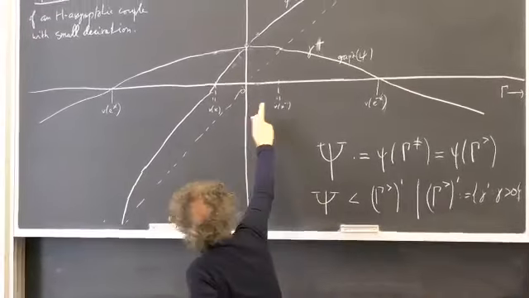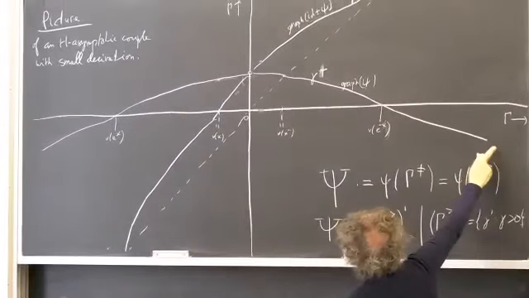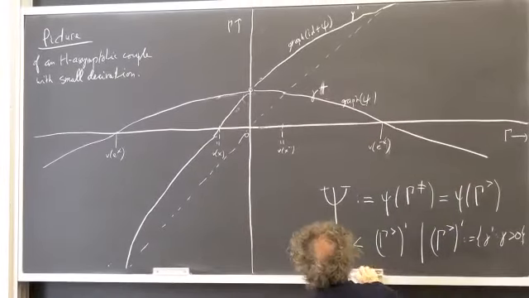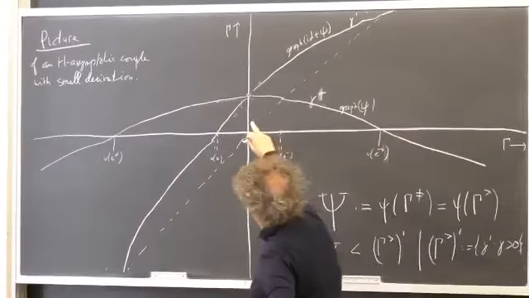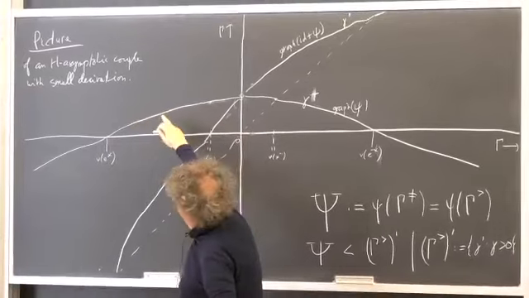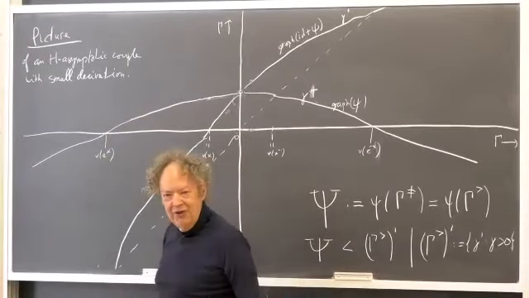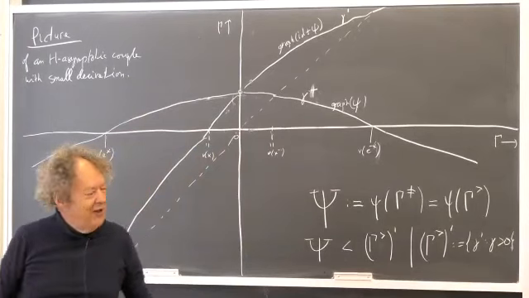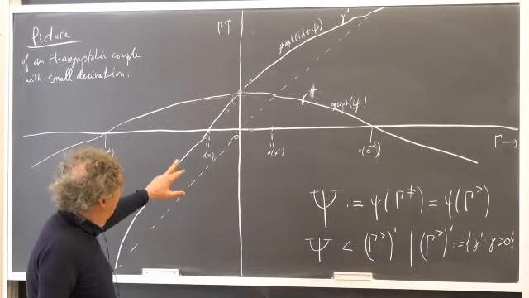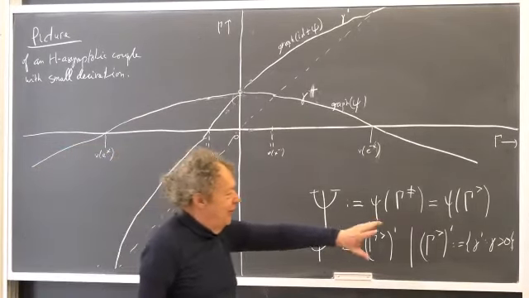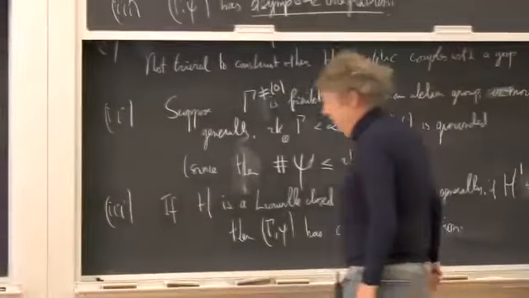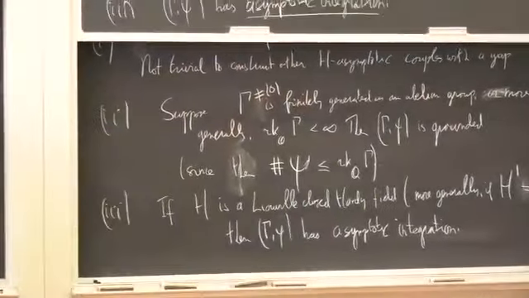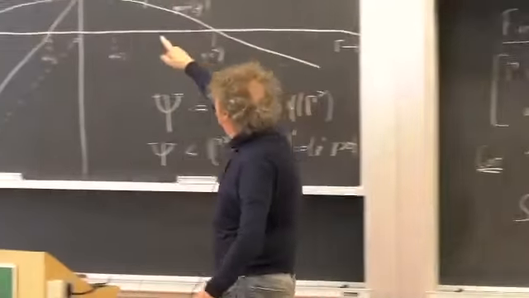And so this picture is still more realistic for a Liouville closed H field, because in this picture I did draw the graph of psi in such a way that it suggests that there are no gaps, no interruptions in the graph, like a continuous function. Of course, that is not a good picture if you are dealing with, for example, a grounded one, where the psi set has only finitely many elements.